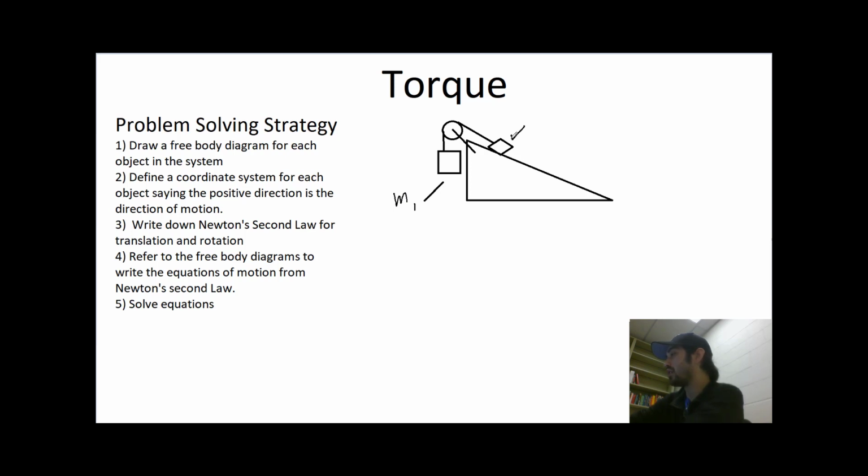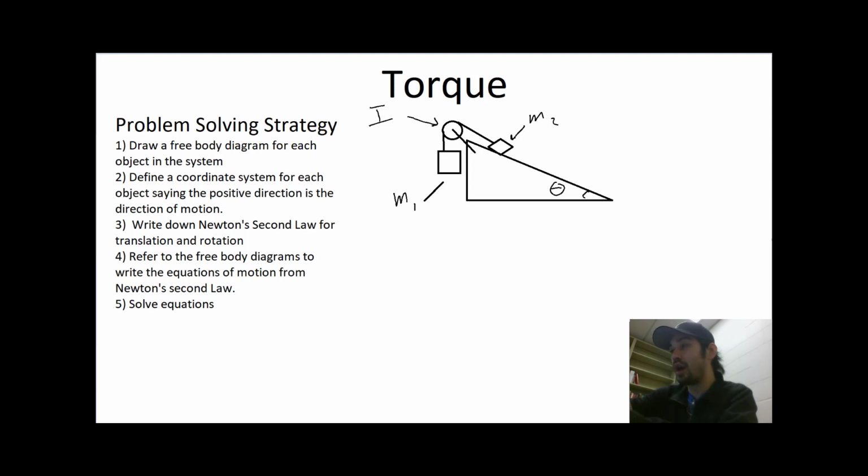This mass has a mass m2. This pulley has a moment of inertia I, and there's an angle theta here. Let's go one by one through the steps and solve for the acceleration of the system.